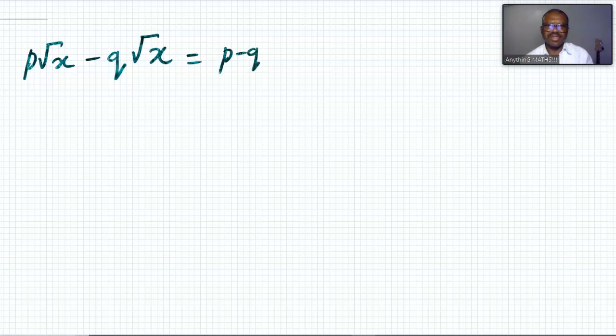How to subtract. p root x minus q root x. Root x is still common, so it's much easier to do p minus q. Nice and easy. With some examples to help.